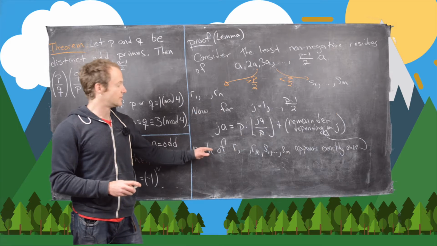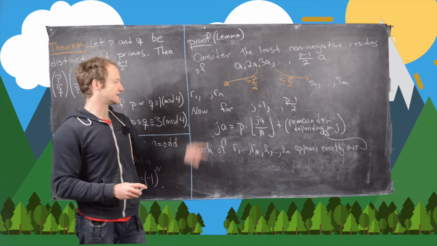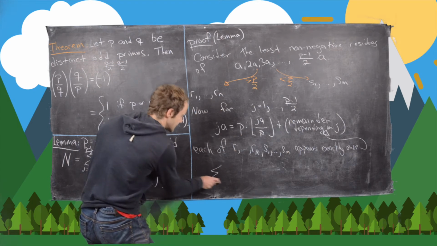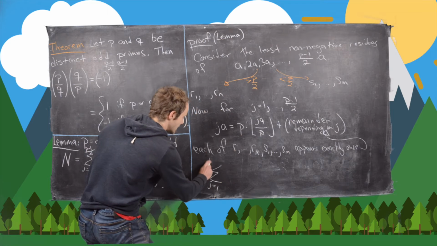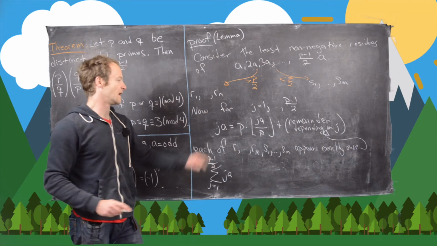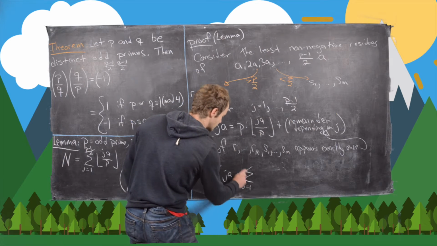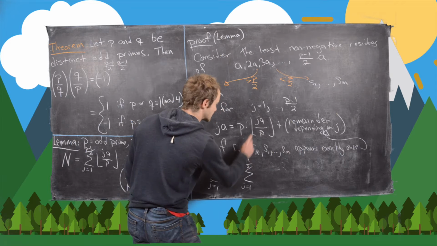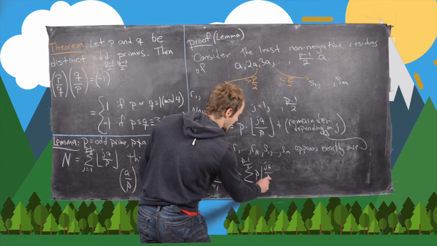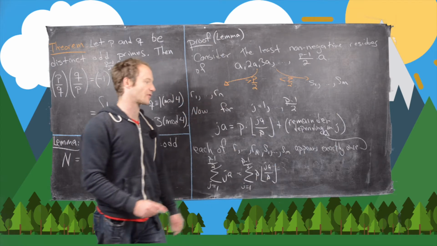And so now notice that we can add all of these equations together using this fact to get the following. So that'll give us the sum j equals 1 to p minus 1 over 2 of j times a. And then it also gives us on the right hand side the sum j equals 1 to p minus 1 over 2 of p times the floor of ja over p. Great. And now we're going to add up all the remainders.